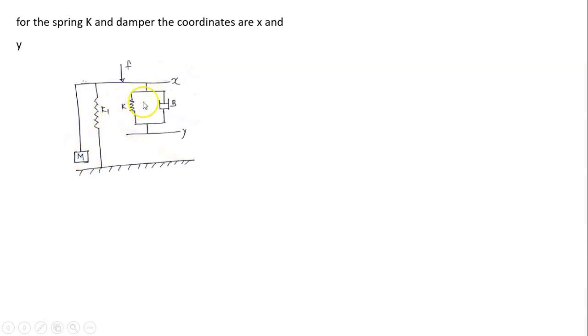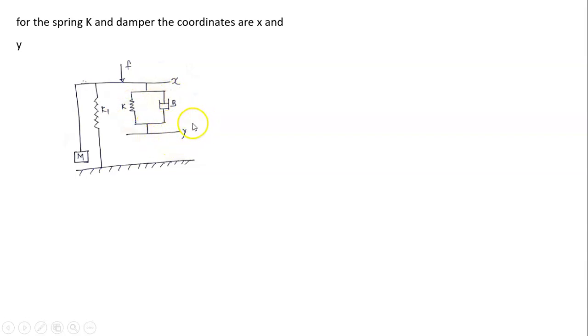Now, spring K and damper B is in between X and Y, with reference to the earlier figure. Therefore, draw here spring K and damper B. The spring K and damper B are in series.